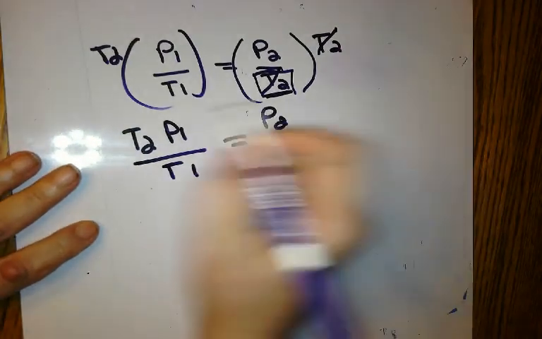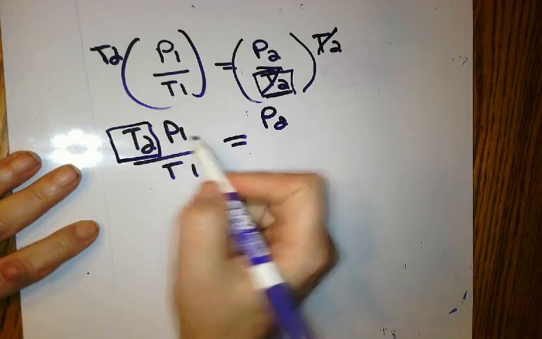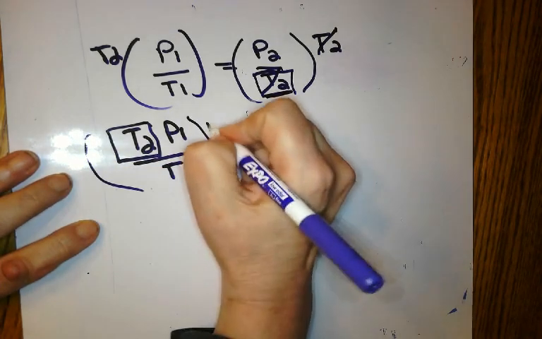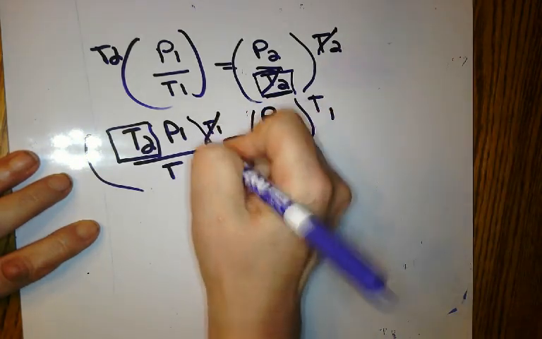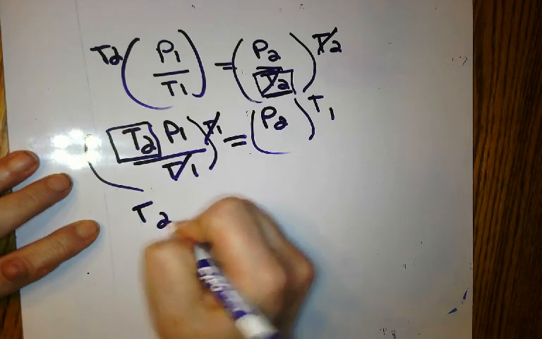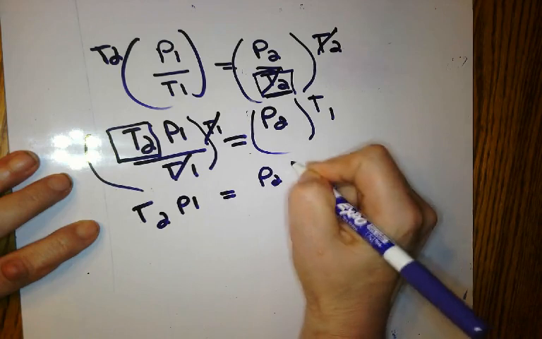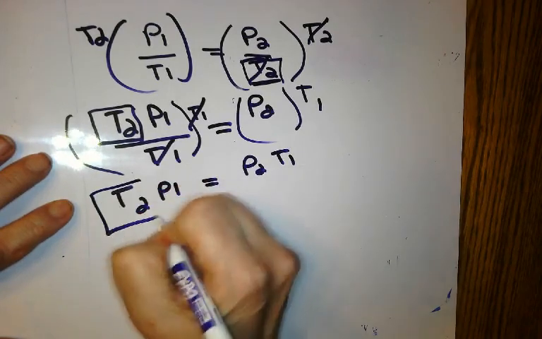But I am solving for T2. This is what I have to get alone. So I have to get rid of T1, so I'm going to multiply this side by T1, and I'm going to multiply this side by T1, and this cancels, and I have T2 P1 equals P2 T1. Okay, but remember, we're solving for T2.